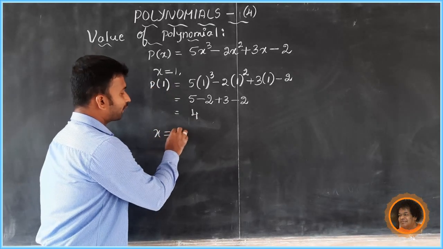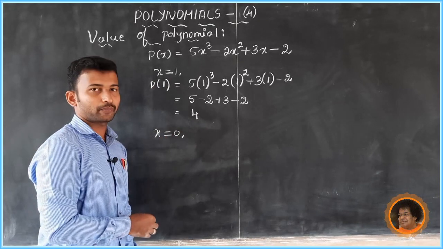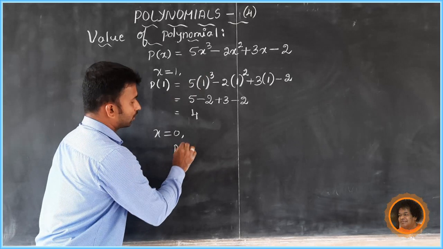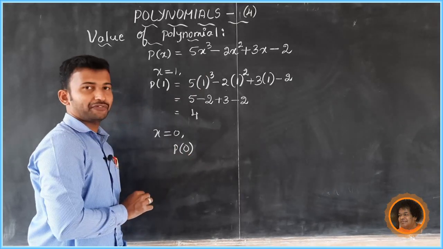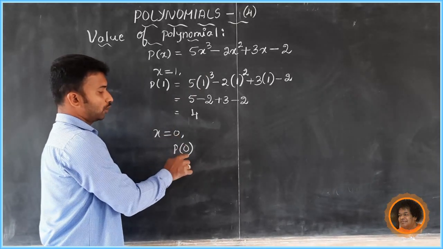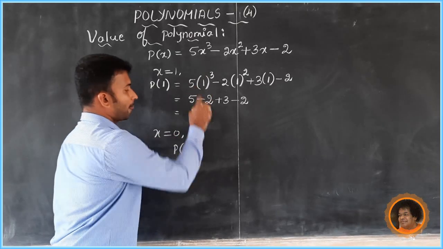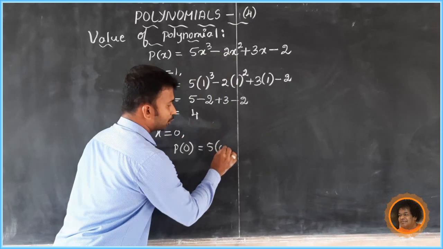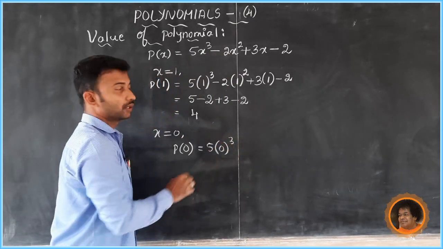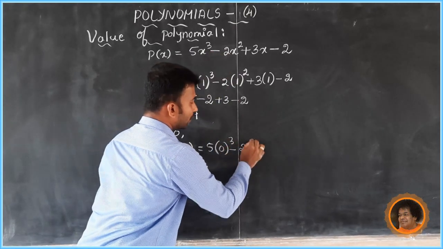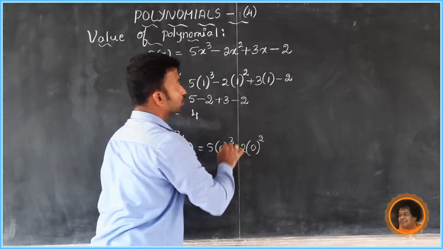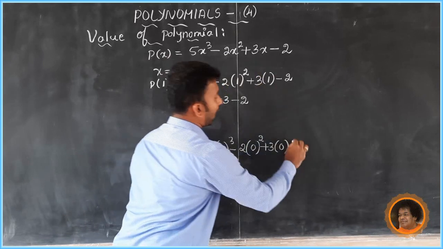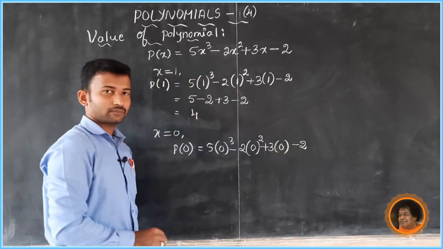Next, check for x is equal to 0. We can write p of 0 is equal to 5 into 0 cubed, minus 2 into 0 to the power 2, plus 3 into 0, and minus 2.